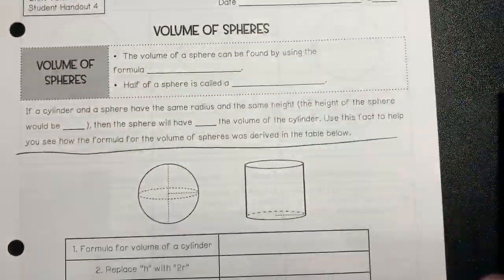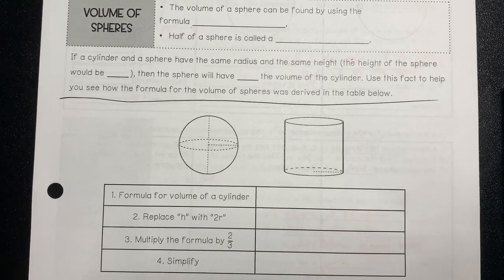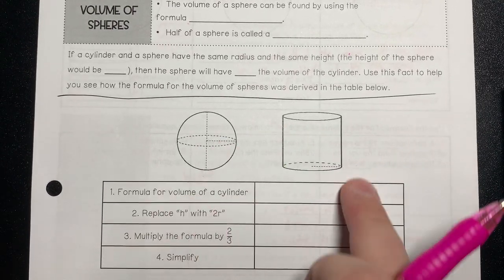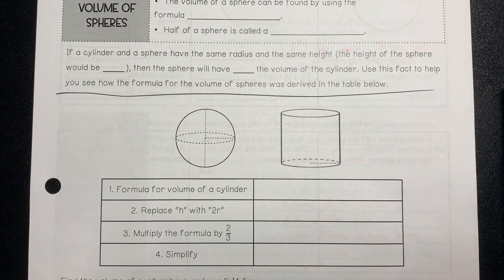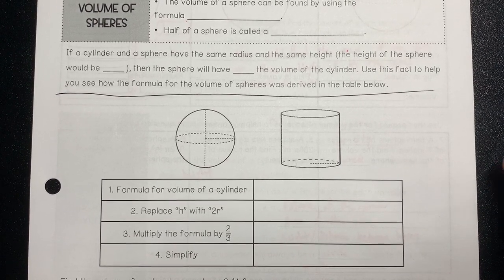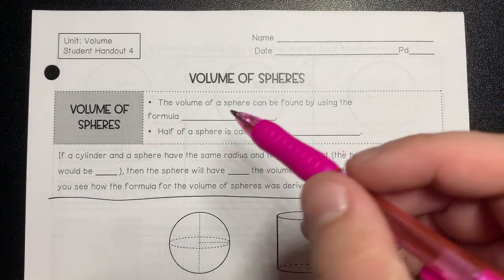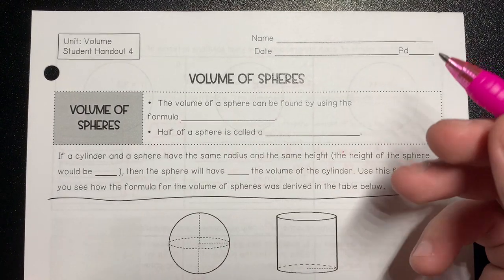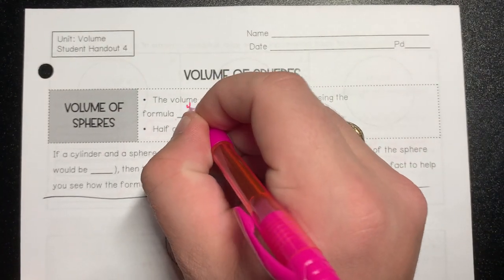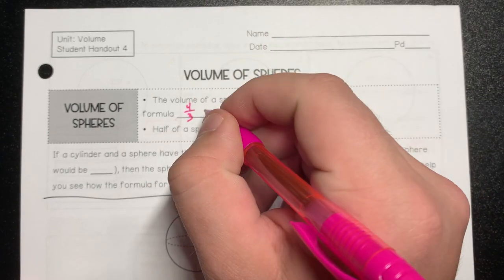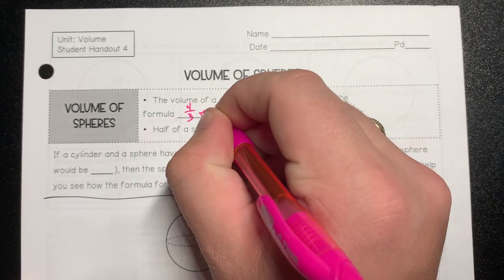All right, and so lastly here we have the volume of spheres. And so we're gonna skip this middle part. This is gonna be what we're gonna go over on that website, like I said, just to show you guys the relationship between all of the volumes. So we're gonna look up here at these notes first. So it says here, the volume of a sphere can be found by using the formula 4/3 pi r cubed.